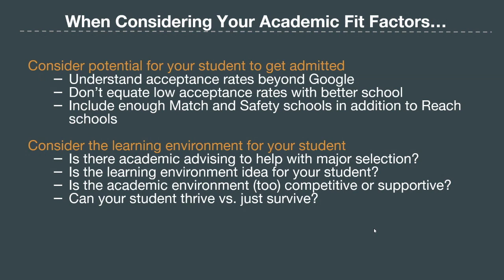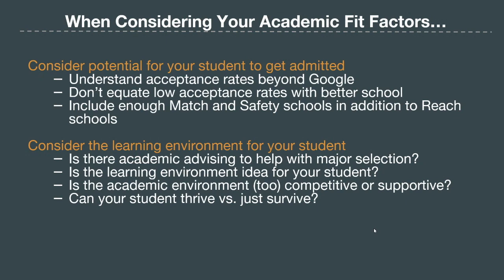Include enough match and safety schools in addition to the reach schools. I will find that one of the biggest mistakes families make is filling the reach bucket, often to where it overflows, and not spending enough time on finding good quality match and safety schools. And that can set your student up and your family up for future college admissions disappointment.